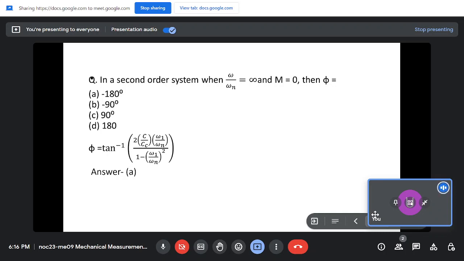With the frequency ratio being infinity, the total expression is 2 times damping ratio by infinity, which equals 0, since some number divided by infinity is 0. So phi is minus tan inverse of 0. Tan inverse 0 is either 0 or n pi. We take n as 1, so it will be minus pi, so it will be minus 180 degrees. So the answer is option A, minus 180 degrees.